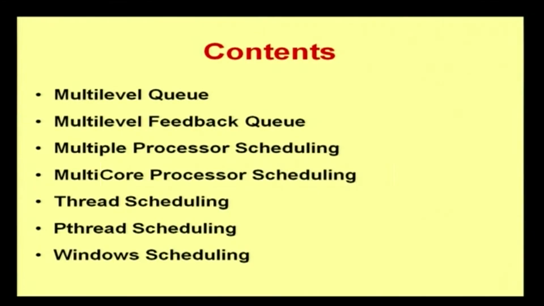We will be seeing how this Pthread has been scheduled, and then one other topic on Windows scheduling. What is Windows scheduling? How does the CPU schedule in the Windows operating system?